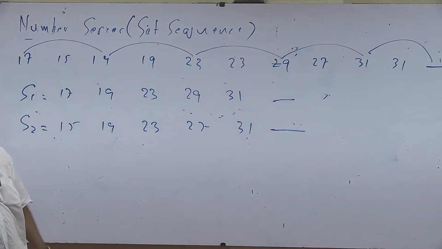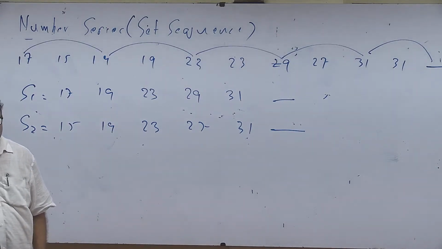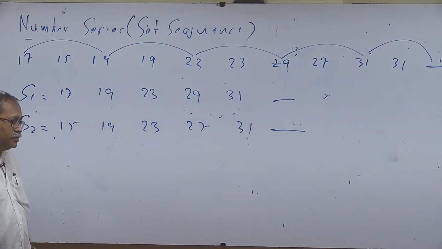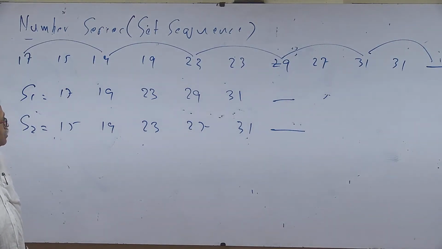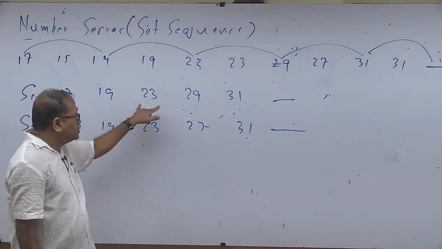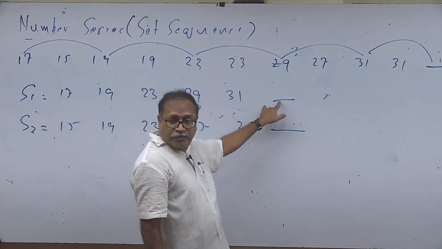Identify the relation in the second sequence, you get the second number there. And what is that? 2, 4, 6, 2, you will go 4.